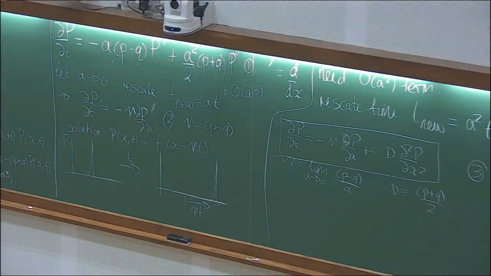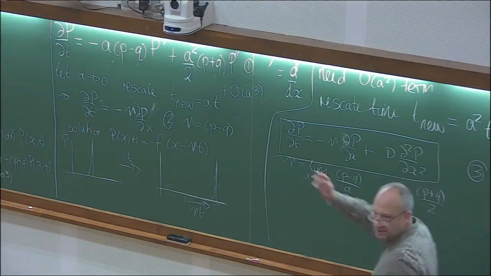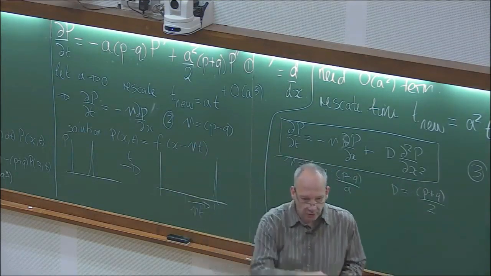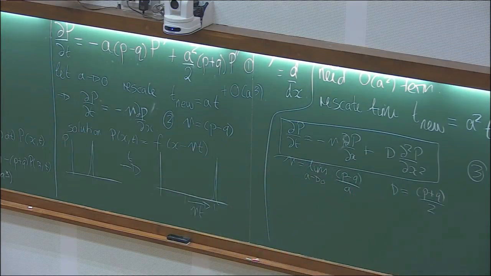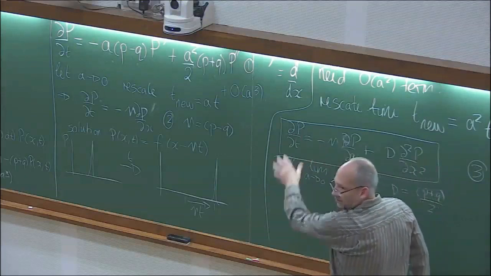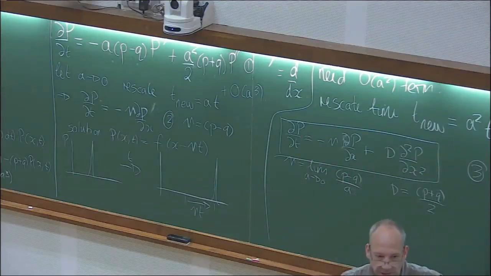It means that there's a drift, with a velocity. Okay, so that's what we wanted to do. Just to summarize, we started with the lattice random walk, and we had to be a little bit careful with the limits, but we end up with diffusion with advection, and the advection corresponds to the fact that the random walk was biased.